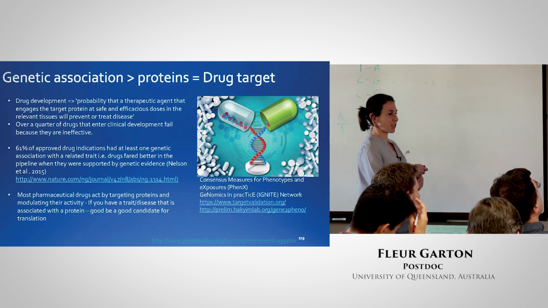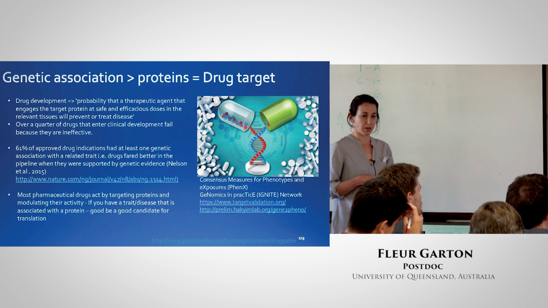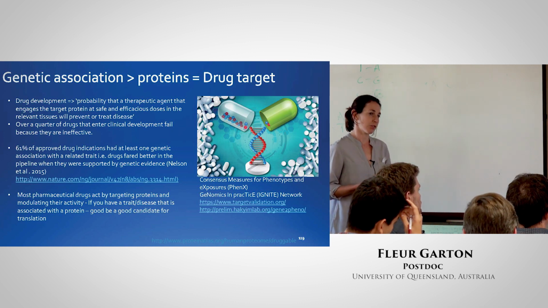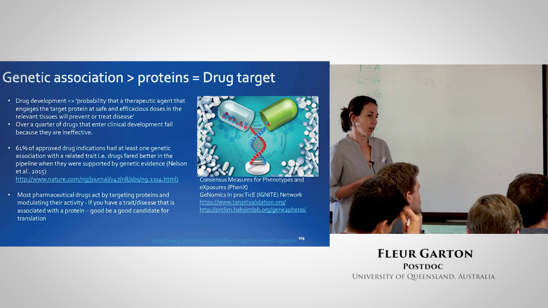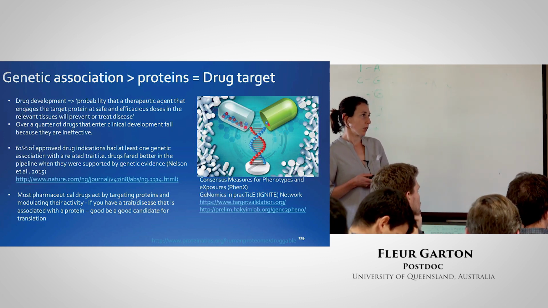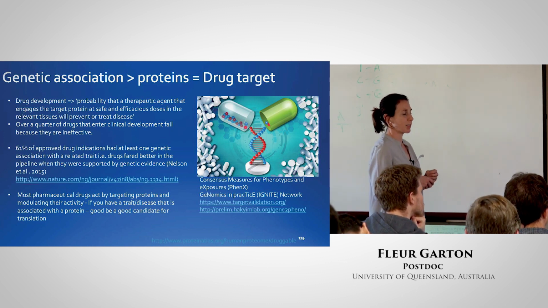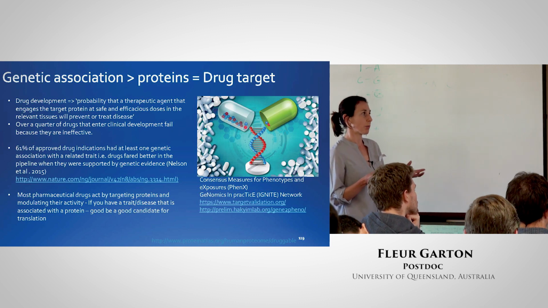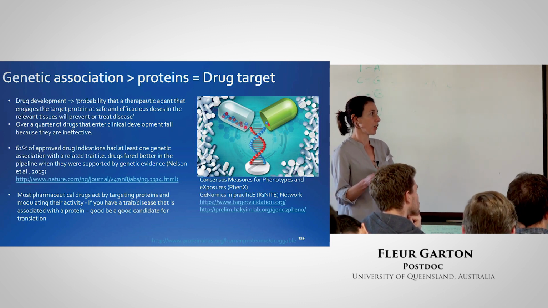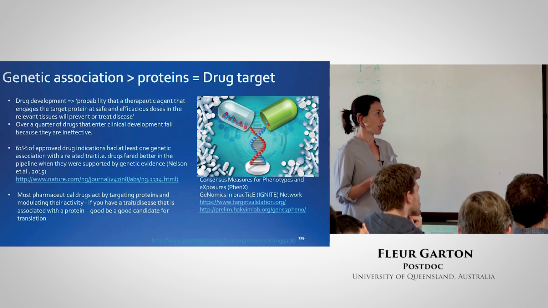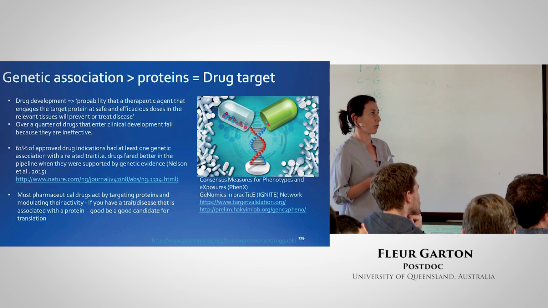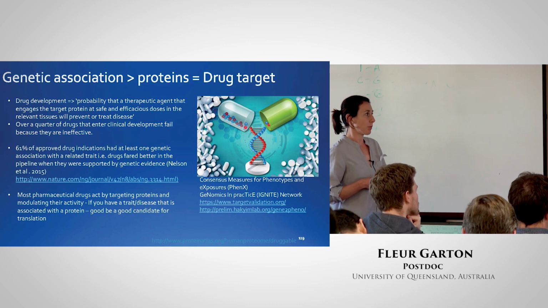I put this in because this is something our lab is starting to think about, and that's the translation of genetic information. In drug development, they're interested in increasing the probability that a therapeutic agent engages a target protein at safe and efficacious doses in the relevant tissues to prevent or treat disease.